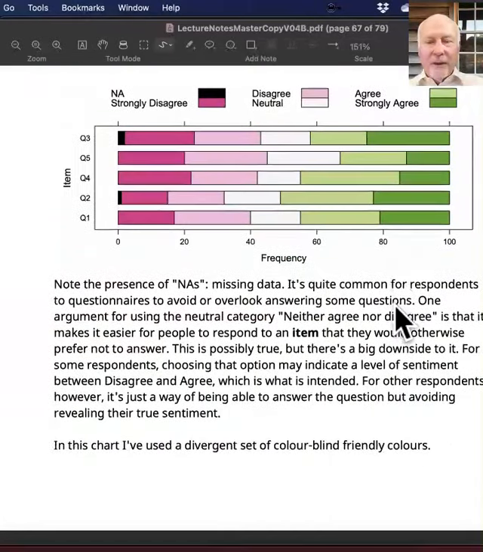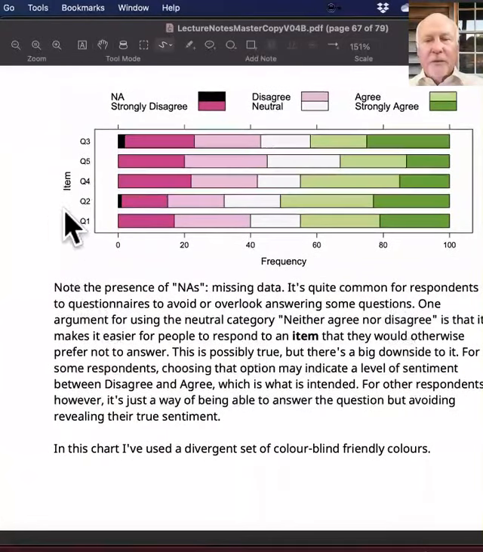Now, this is a reasonable way of representing the results of a survey like this. These are stacked bar charts, and I've used frequency here. In a presentation to an audience, it might be better to use percentages or proportions, which might make more sense to them, but the chart would actually look the same.